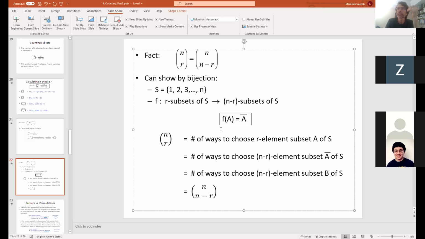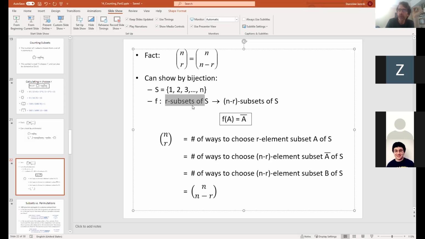So this is a case of a one-to-one function where, let's say I didn't know how to count this. I do, it's this formula, but say I only knew how to count R element sets. This function allows me to map all choices of these as choices of those.